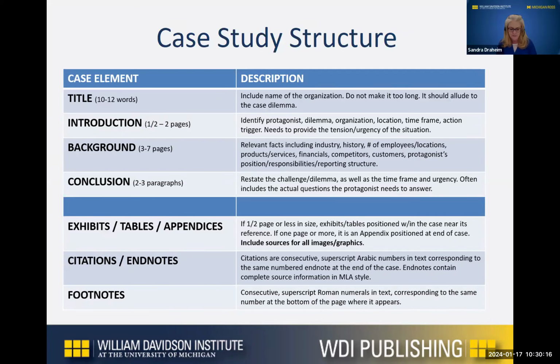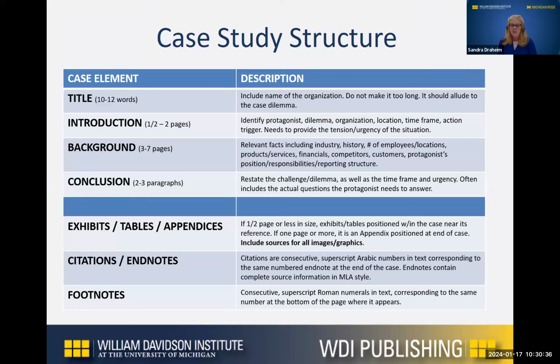On this slide is a lot of information, but the top of this slide talks about what I call the 4 overarching sections of a case. So the first section is the actual title of the case, which is quite important and generally is about 10 to 12 words long.